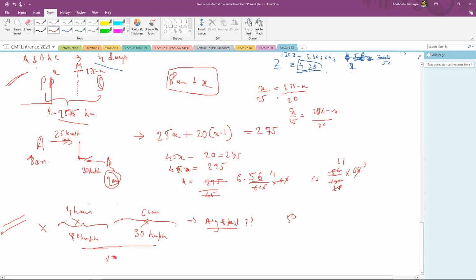Anyway, these were some of the problems that I wanted you to go through. This completes the aptitude section that I wanted to cover for CMI. After this, keep practicing such problems whenever you come across them. So far we have done data interpretation and aptitude problems.